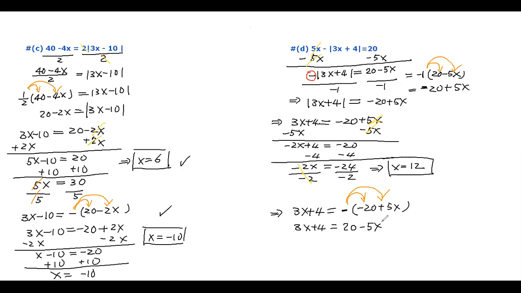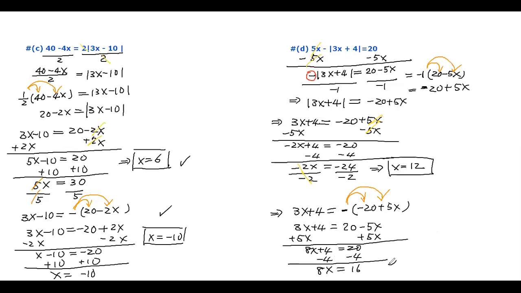As long as you are very careful about the distributive rule and that negative sign, I think you'll be fine. Now this is a 5x and this is a 5x here. So this is 8x plus 4 equal to 20, right? So minus 4 minus 4. So you will have 8x equal to 16.